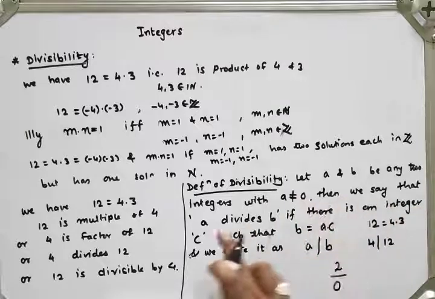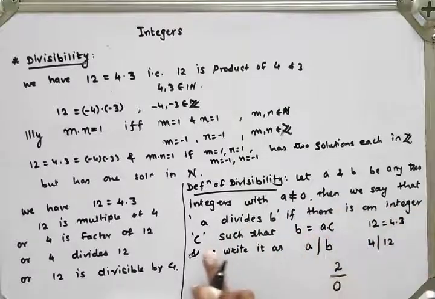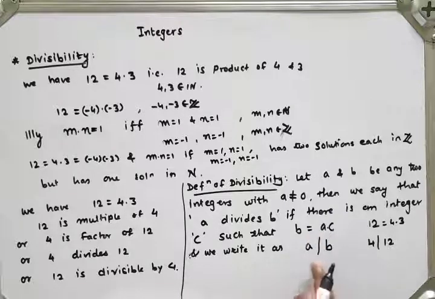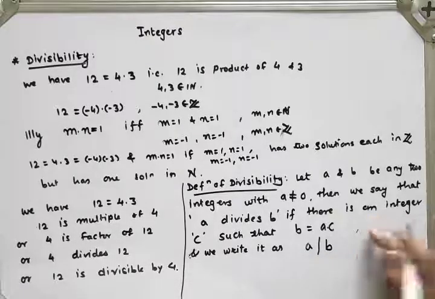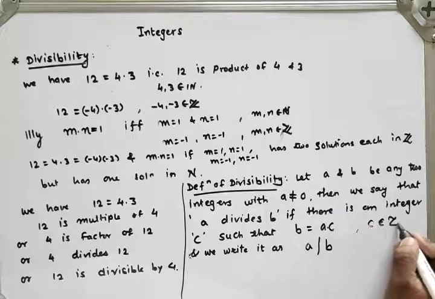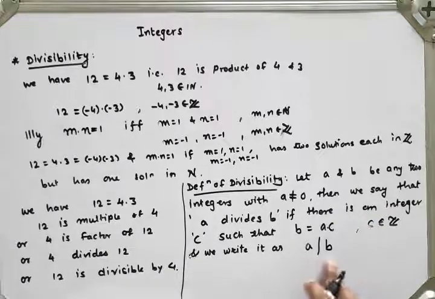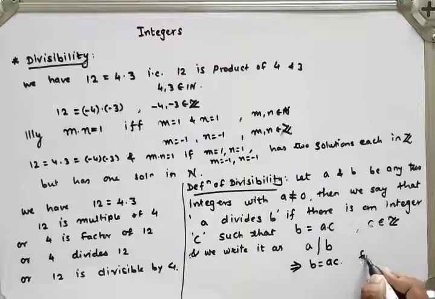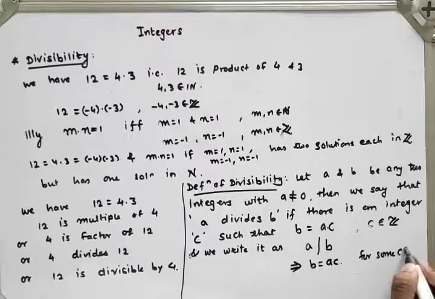Then we say that A divides B if there is an integer C such that B is equal to A into C. Here C belongs to the set of integers. Again, A divides B means B is equal to A into C for some C belonging to the set of integers.